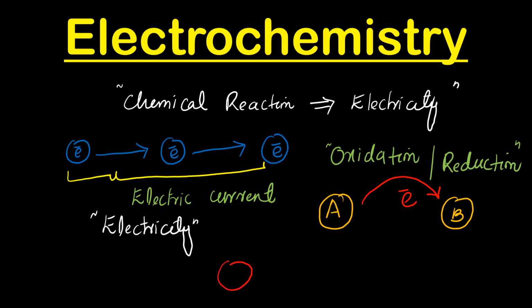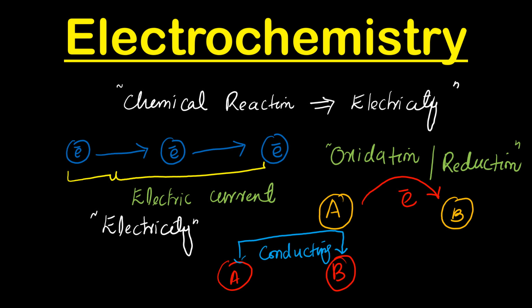Like suppose these are two atoms A and B. These two atoms or chemicals in electrochemistry are usually connected with conducting wires.